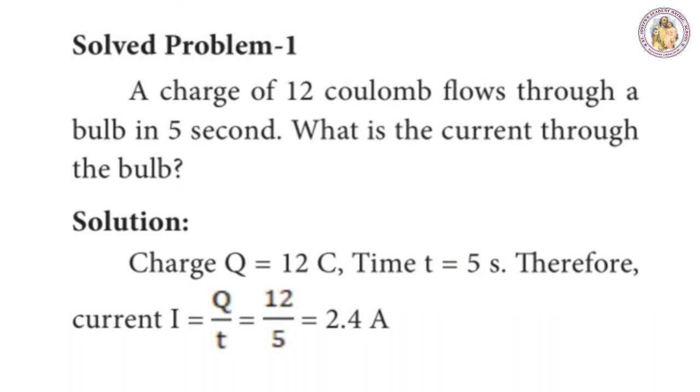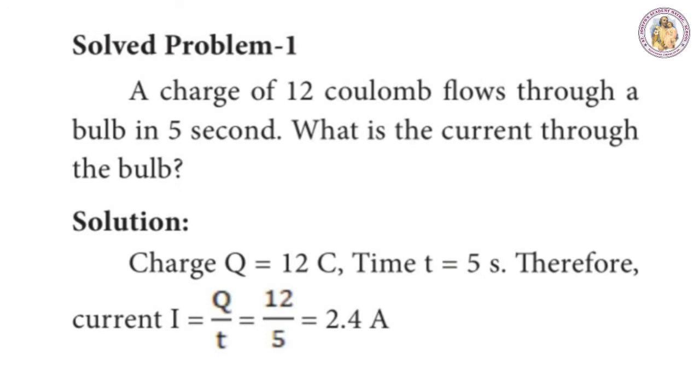We already know the formula to find the current, that is I equal to Q by t. What is Q? That is charge, 12 coulomb. And what is time? 5 seconds. Just substitute these two values. When you divide these two, what do you get? 2.4 ampere.